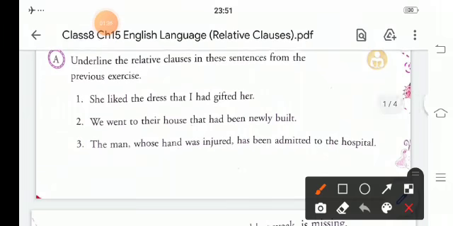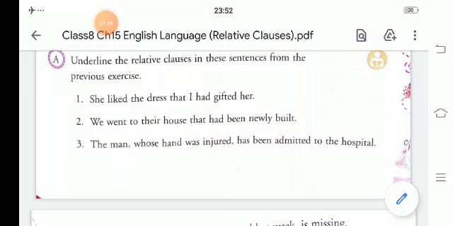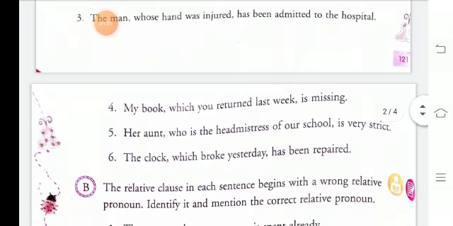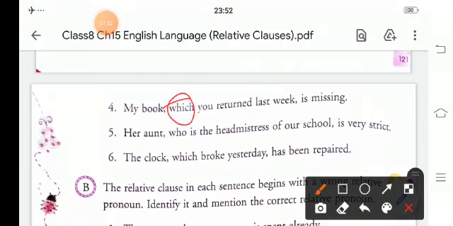In the exercise also the same sentences are there. She liked the dress that. The second one is also that. The third one is whose hand, the man whose hand was injured. The fourth one is my book which you returned last week is missing.